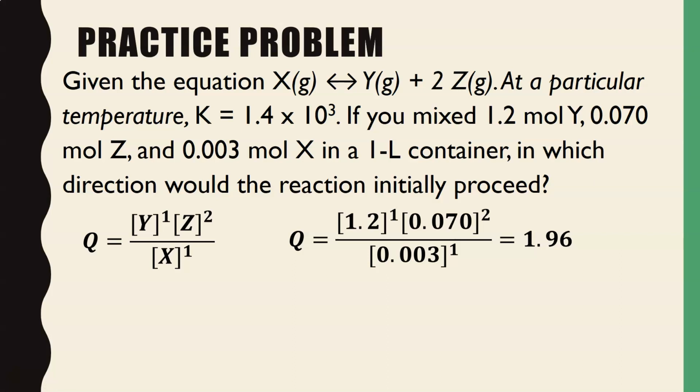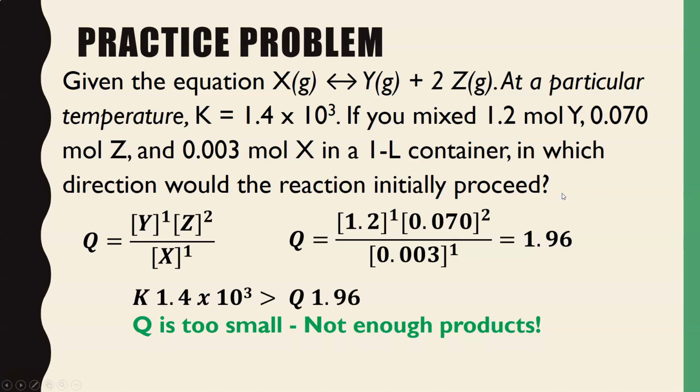So now I have to compare K, what it should be, to Q, what's actually in my beaker. You should notice that K is larger than Q. If your Q value is too small, it means your numerator was too small, your denominator was too big, you do not have enough product, you have too many reactants.